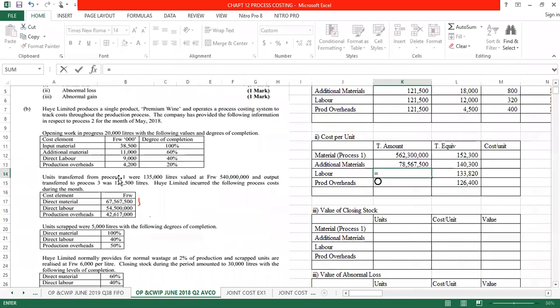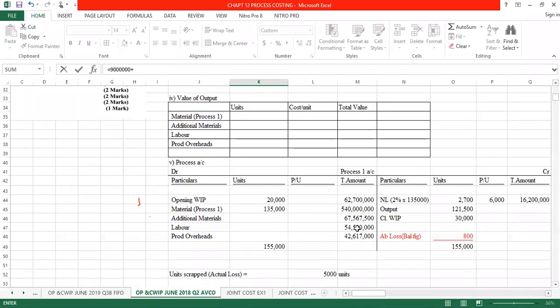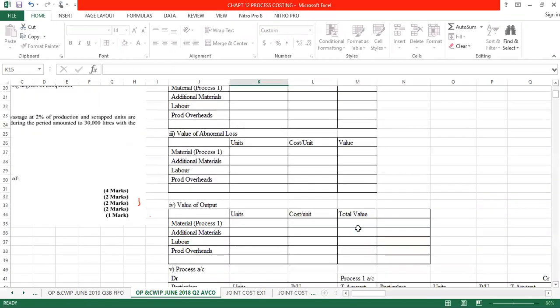Labor opening is 9,000, and don't forget the 000. Plus labor is 54.